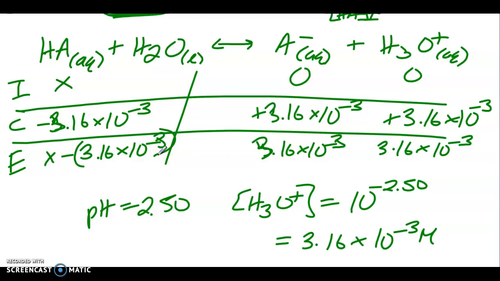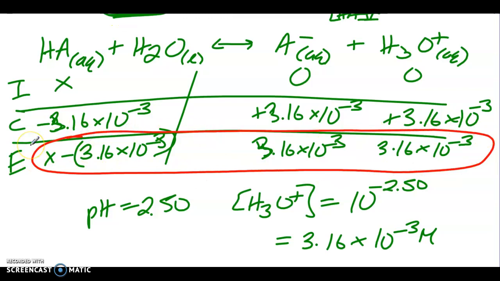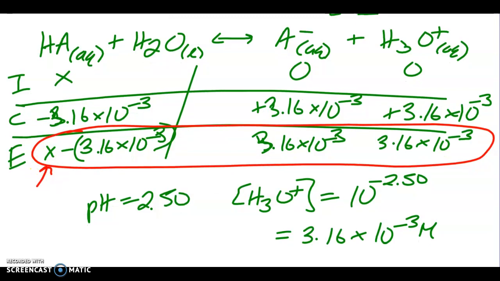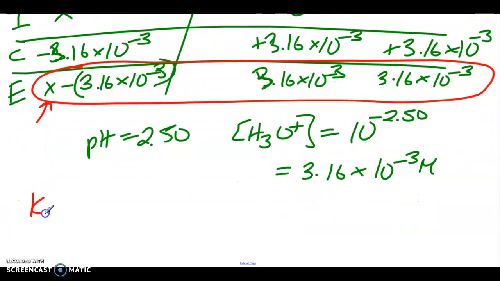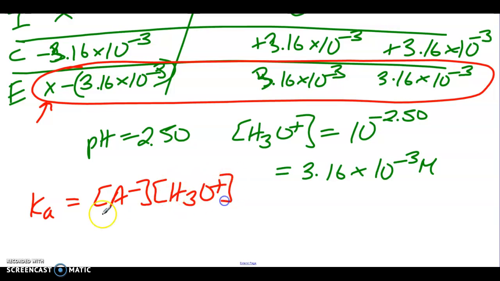So what we can do now is plug these values into our Ka expression. We can look up the Ka for citric acid and determine what this initial concentration would have been. So our Ka is going to be our citrate, I'm just simplifying it here, and hydronium over our original citric acid.